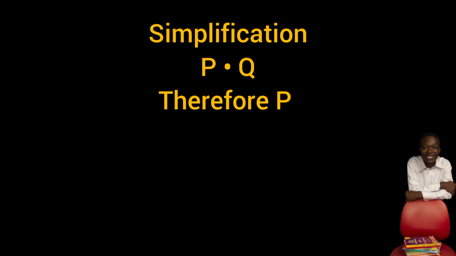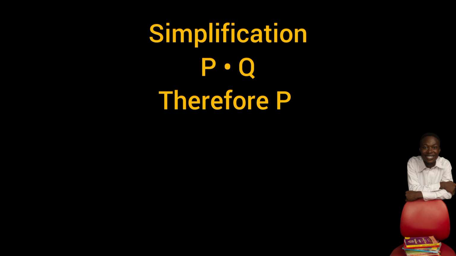Okay, so the next rule we are looking at is simplification, and this one too is very easy. This rule states that P and Q, therefore P, is the same thing as P and Q, therefore Q, right?